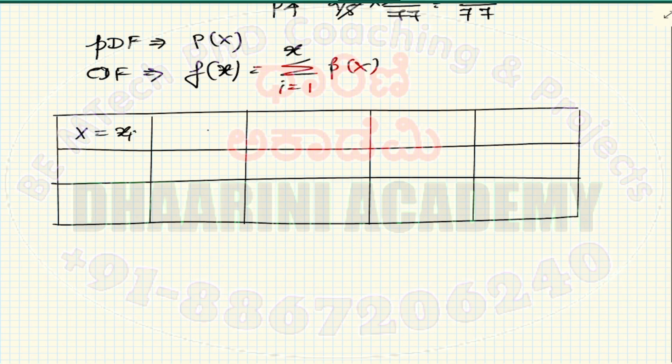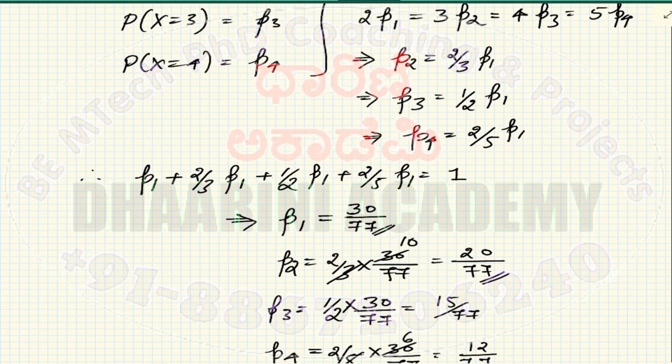So this xi value should be 1, 2, 3, 4. The capital X takes these four values as per the question. Then we write the probability P of x, which is what we found just now. And below that I am going to write the f of x.